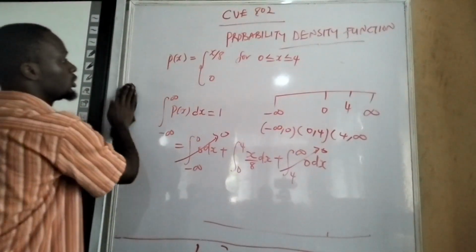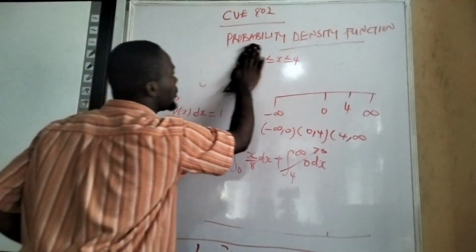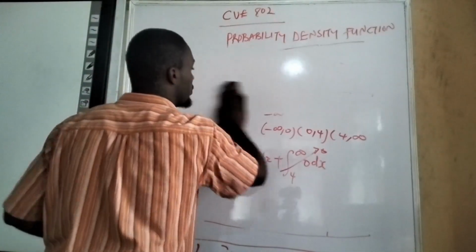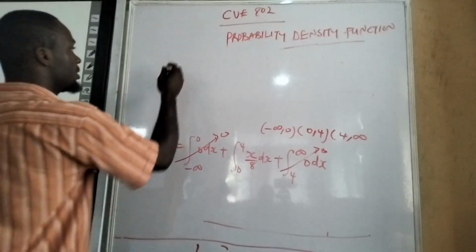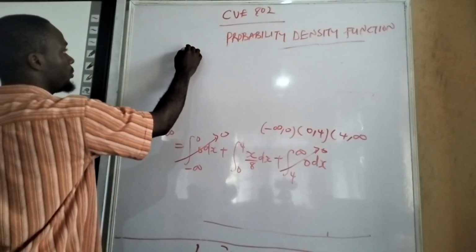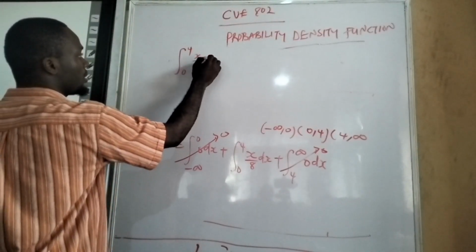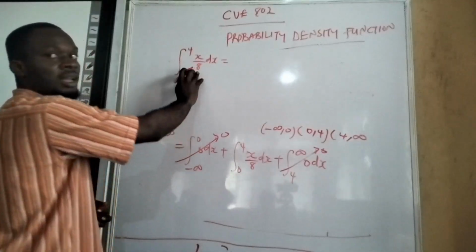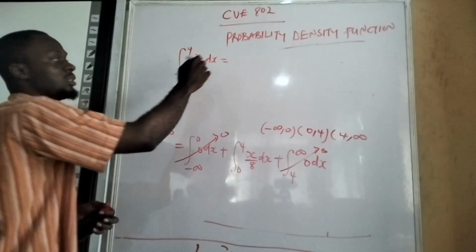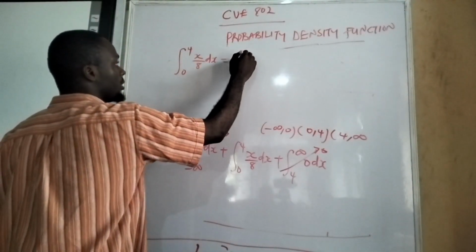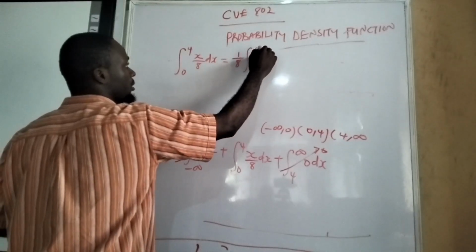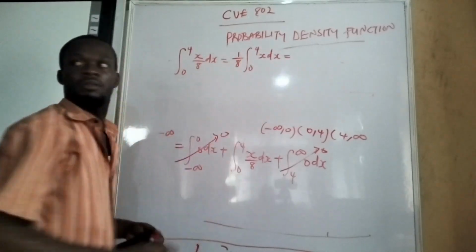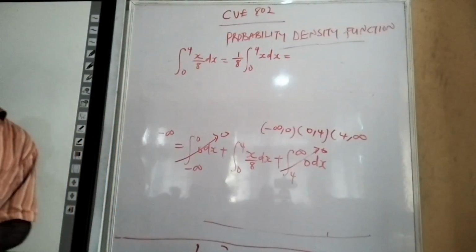So we'll just integrate from 0 to 4 of 8 over x dx. 8 is a constant, it comes outside. So if you integrate x, you get x squared over 2.